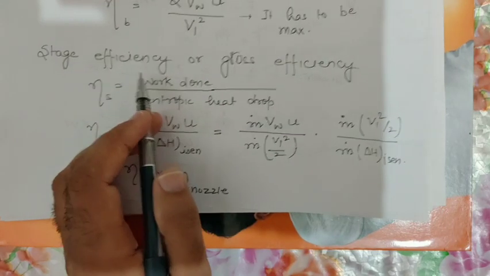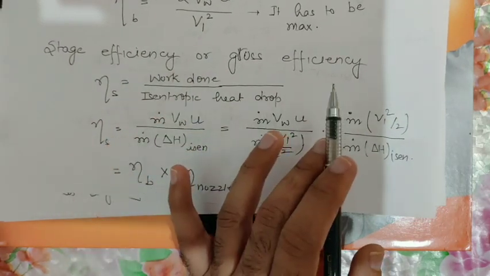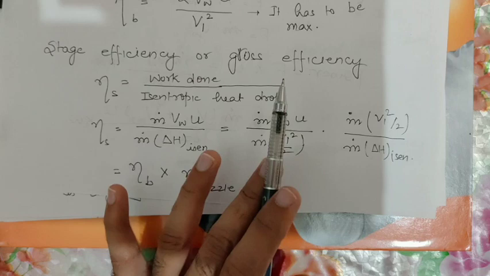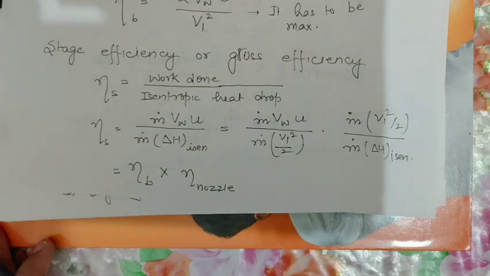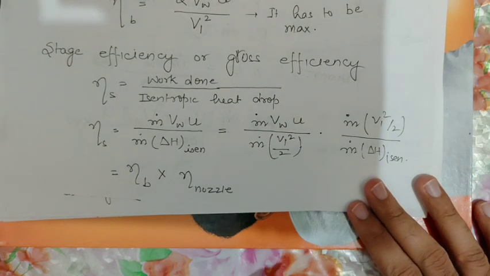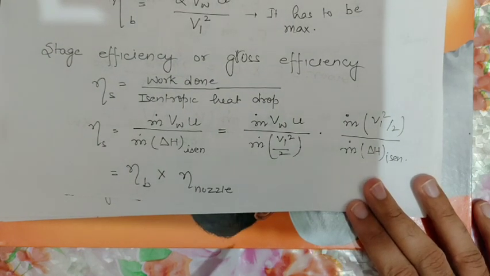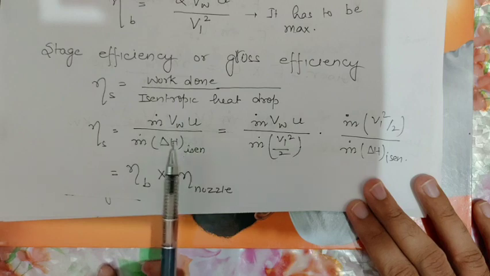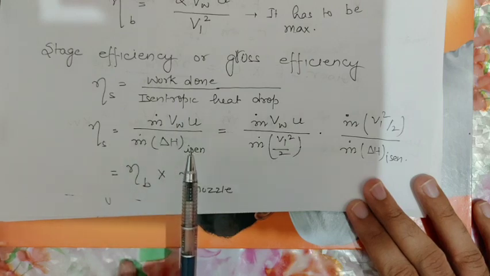Second is stage efficiency or gross efficiency. Stage efficiency is the ratio of the work done by the blade divided by the isentropic heat drop. Isentropic heat drop means the heat drop which takes place between the nozzle and the blade.